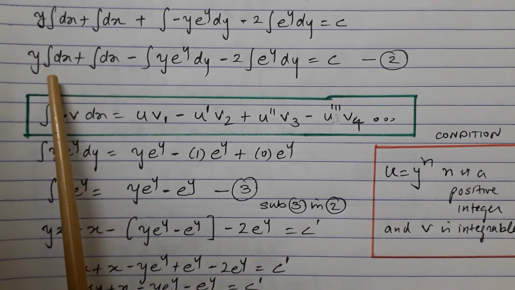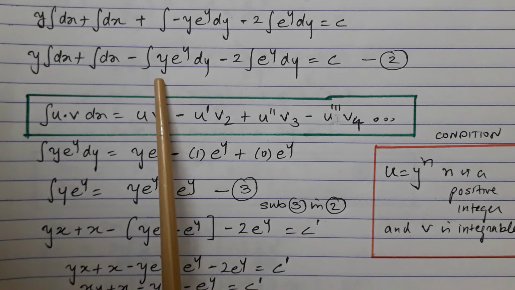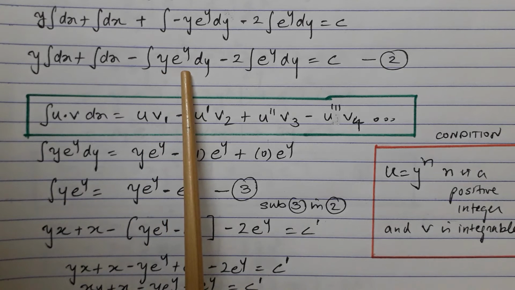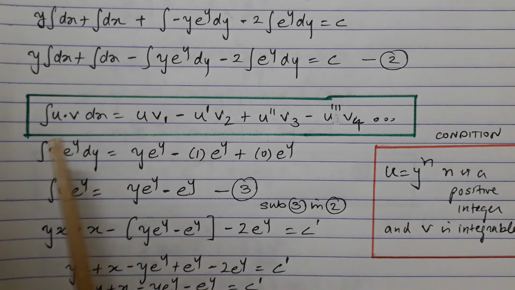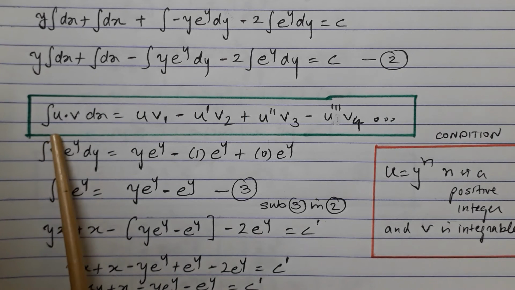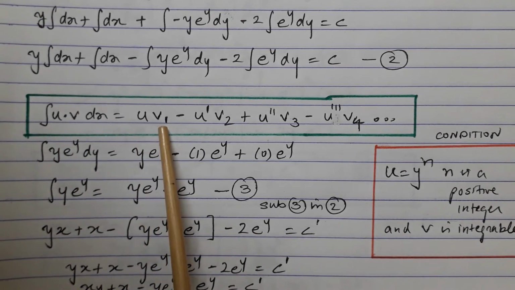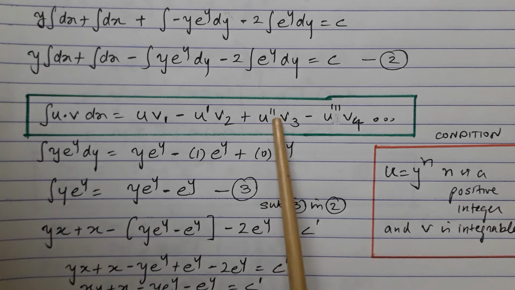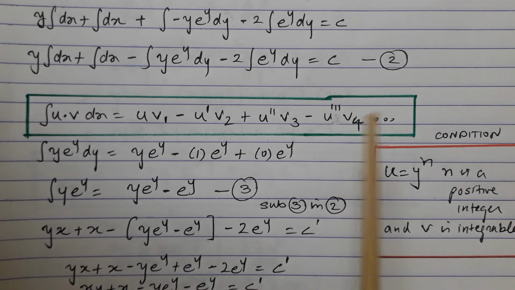Now if you see, these three terms can be very easily integrated, but for this integral of y e raised to y, we will have to apply a product rule. And the formula for this product rule is: integral of u into v dx is u v1 minus u dash v2 plus u double dash v3 minus u triple dash v4.